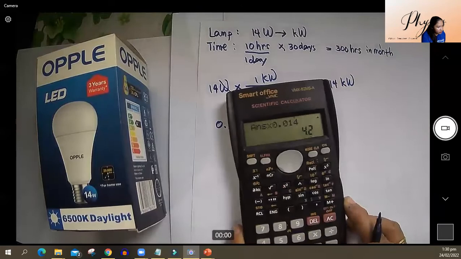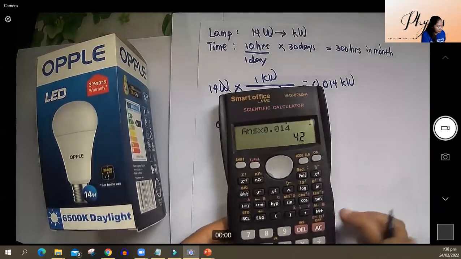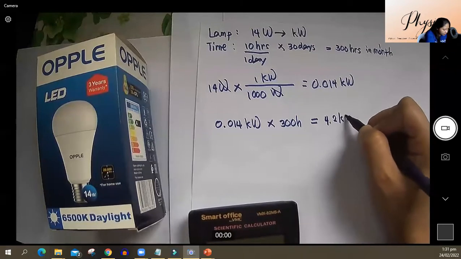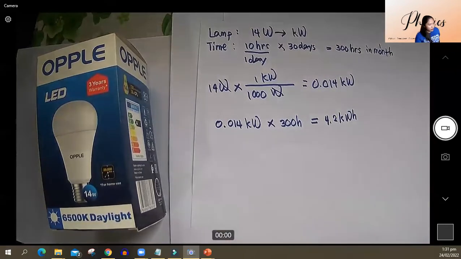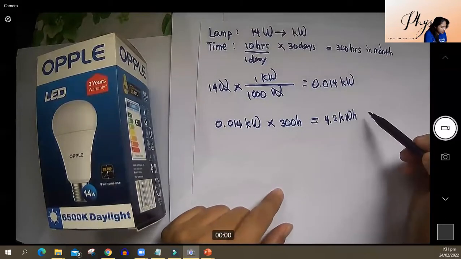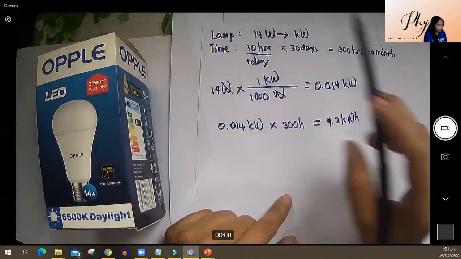And that's equal to 4.2 kilowatt hour. So this is your kilowatt hour for 30 days for using the lamp.